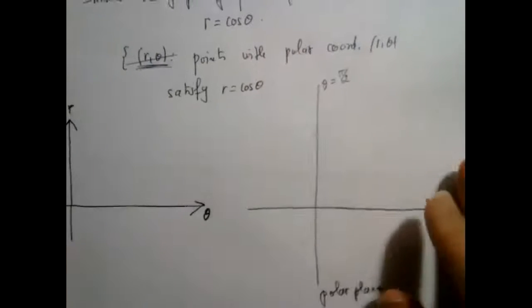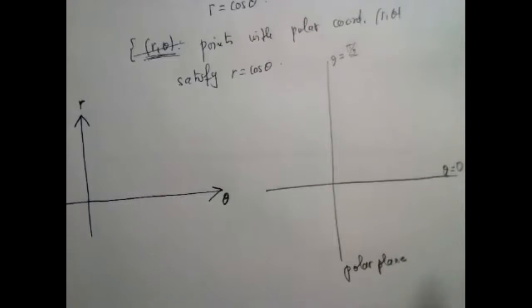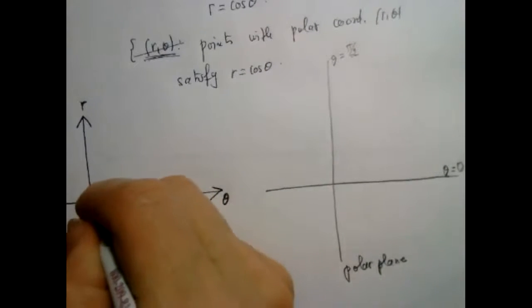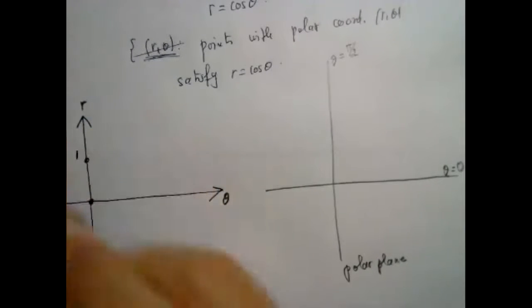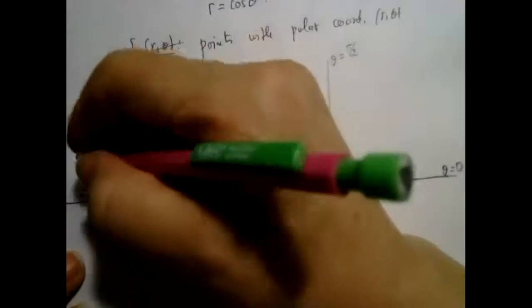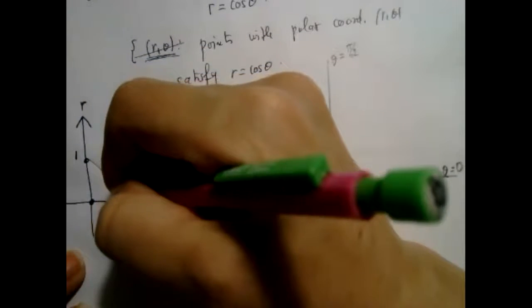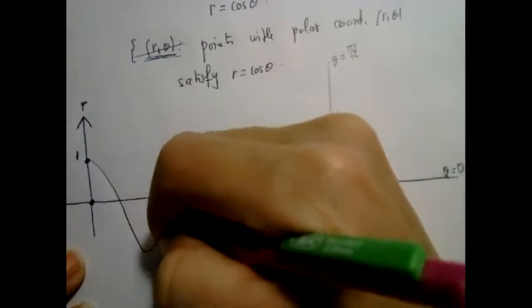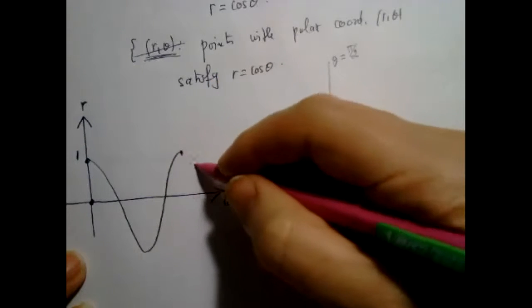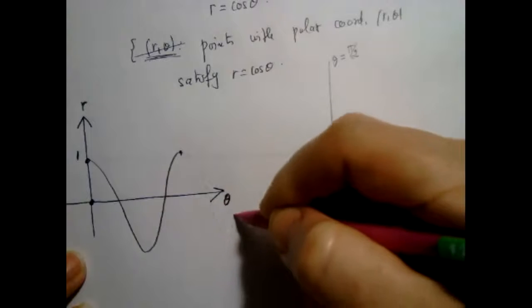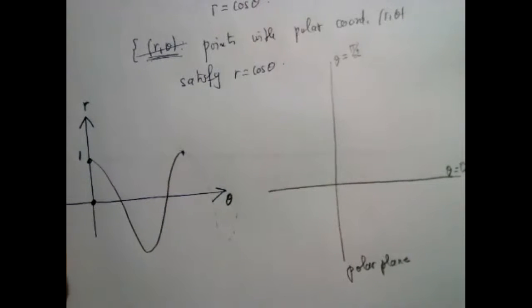All right. r is cosine theta, so how is the graph of cosine? The graph of cosine starts at 1, goes down to -1, then back up. And after that, the values of r are going to start repeating themselves.